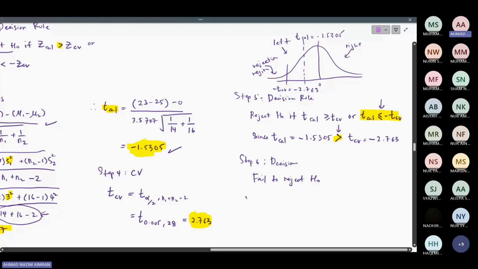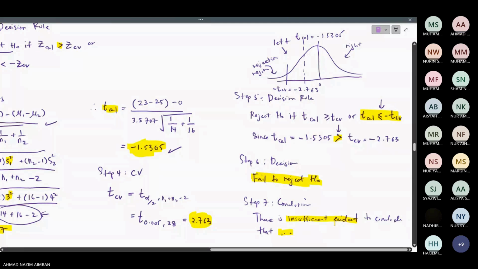And the last step, the conclusion, is there is insufficient evidence to conclude that dot dot dot. The dot dot dot here you can get from the question or from the alternative hypothesis. If the decision is fail to reject, then the conclusion is insufficient evidence.